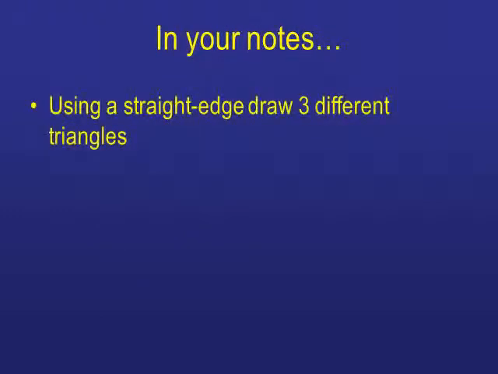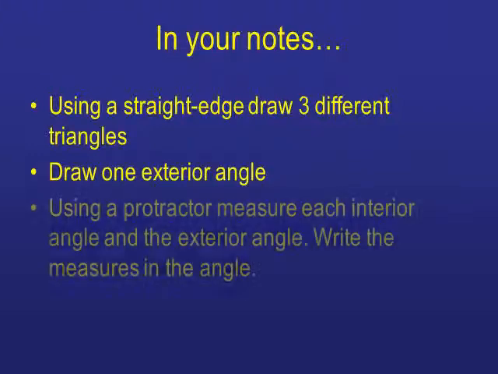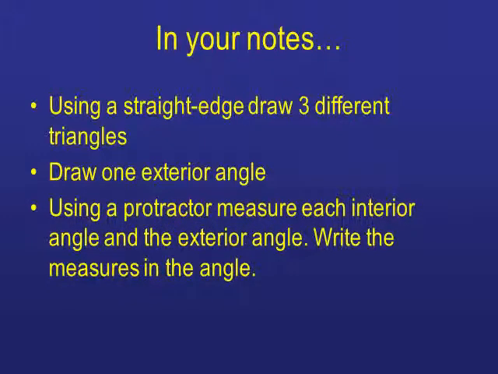Okay, so in your notes, I want you to add 3 different triangles. I want you to draw one exterior angle on each one of those triangles. And using a protractor, I want you to measure each of the interior angles, the remote interior angles and the exterior, and see if the measures add up for me.